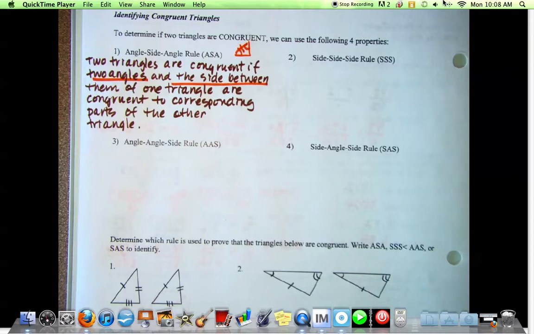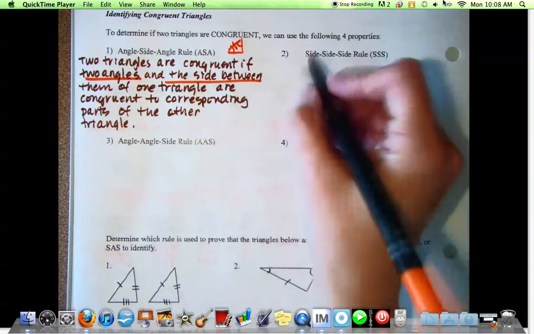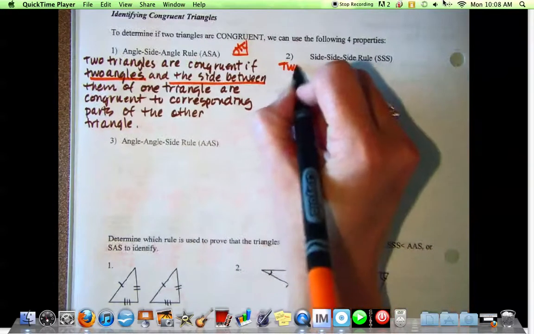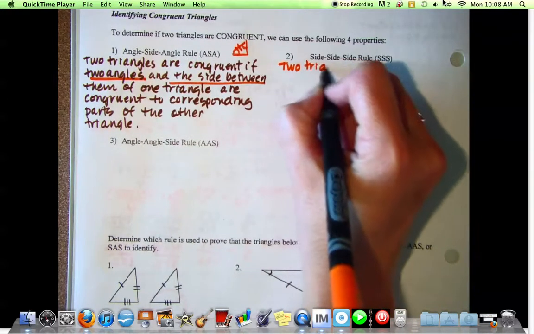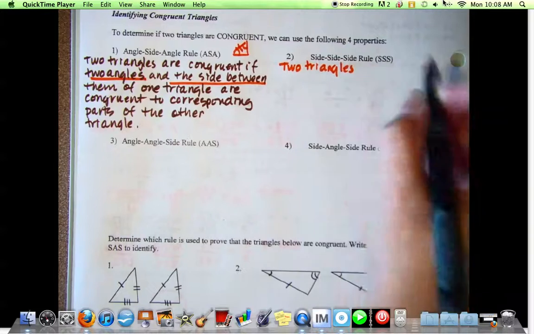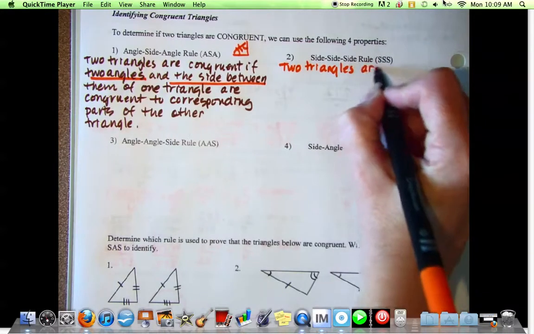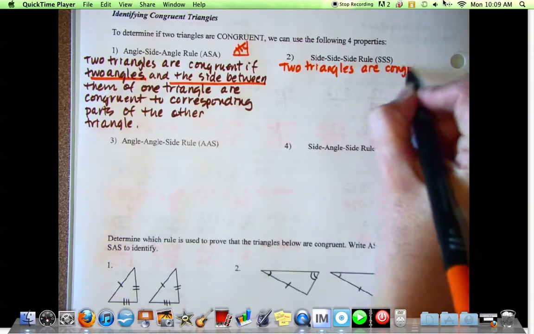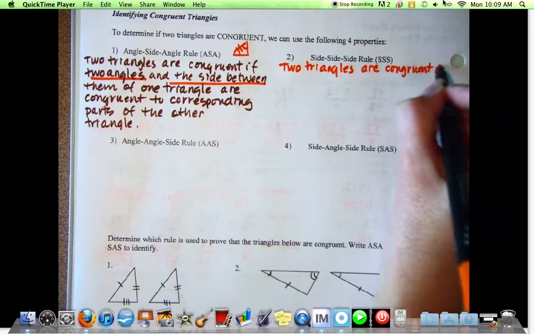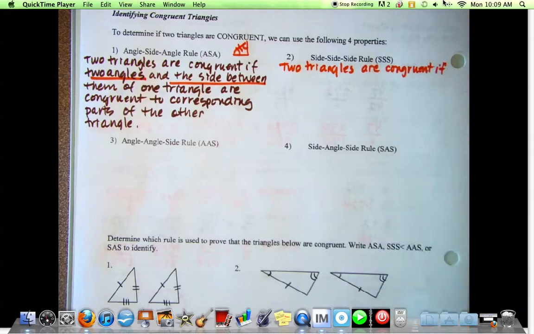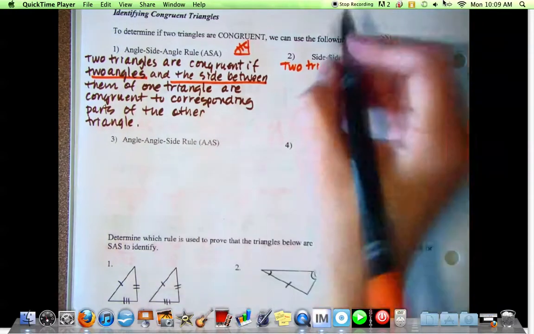All right, side, side, side rule. Two triangles are congruent if... now since it's side, side, side, what do you think we're going to have to do? Three sides, exactly.